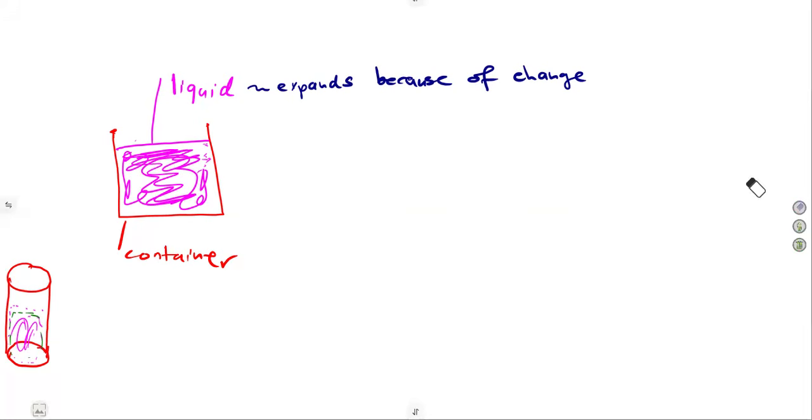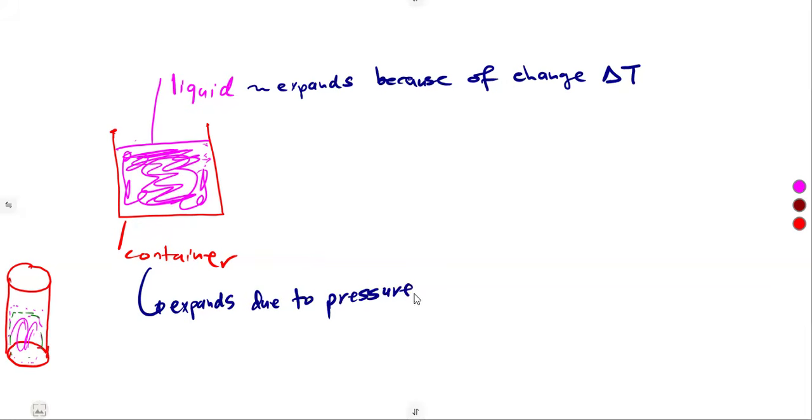Let me just write that way. But the container is going to expand because of the pressure. The container will expand too because of its pressure. So this one expands due to pressure. Due to pressure, it also expands.